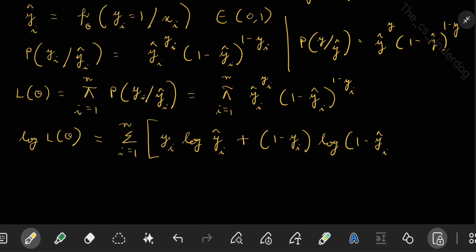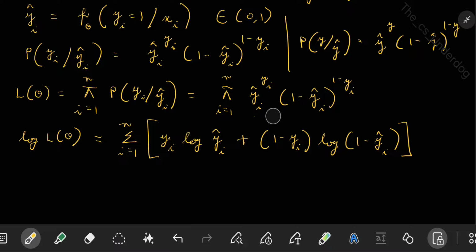So this is what happens when I take log. I hope this conversion is clear. I did it directly because in the last 2 lectures we did it step by step. The product turned into a sum when we took log, and the exponentiation turned into yi log yi cap, and the other term turned into 1 minus yi log 1 minus yi cap.